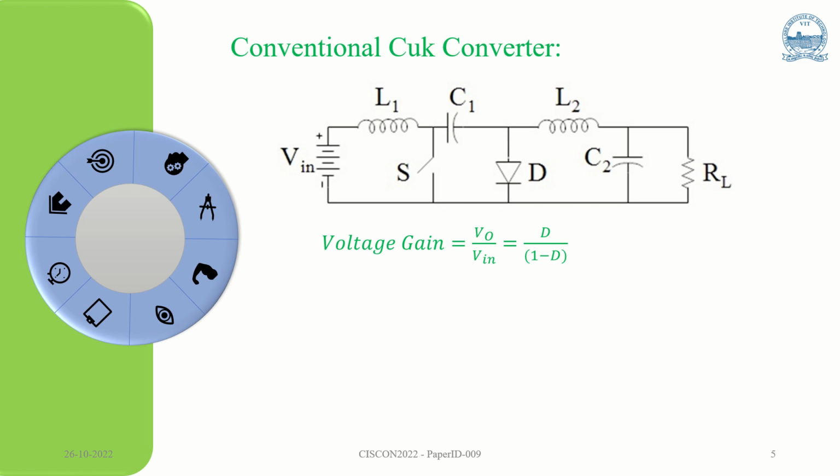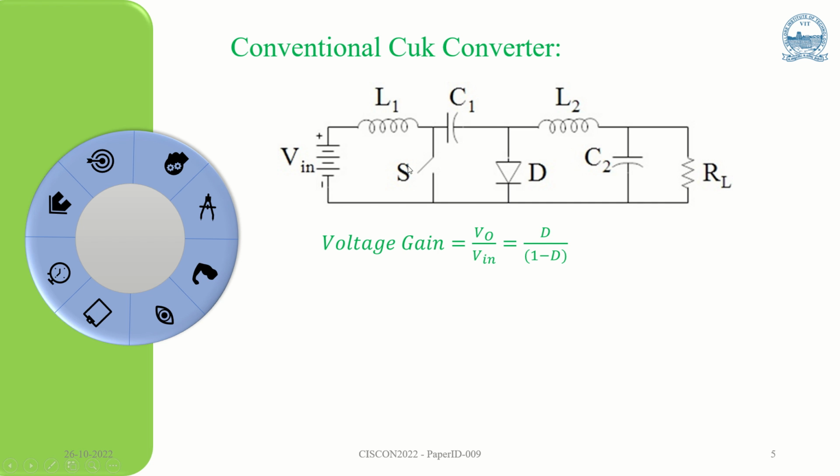The idea behind this is explained here, and this is the conventional Cuk converter where it has two inductors L1, L2 and C1, C2, where L1 and C1 form the energy pump stage and L2 and C2 form the filter stage, and RL is the load.